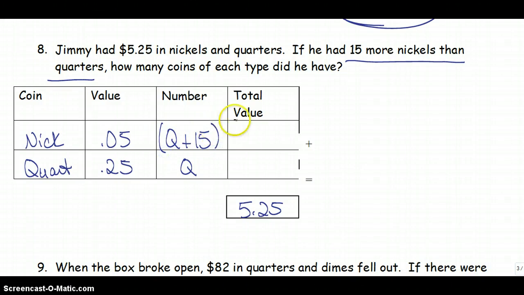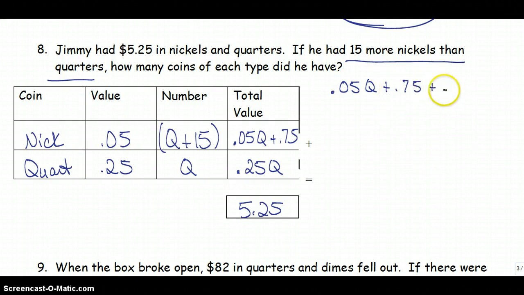Once again, we distribute. So we have 0.05Q plus 0.75. Multiply this one, we get 0.25Q. So we have 0.05Q plus 0.75 plus 0.25Q is all equal to 5.25. We're going to combine our like terms.